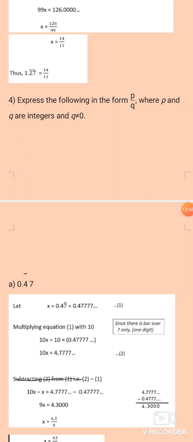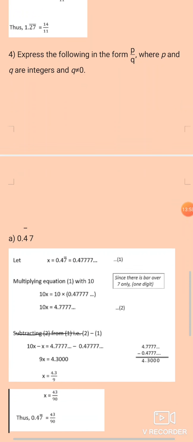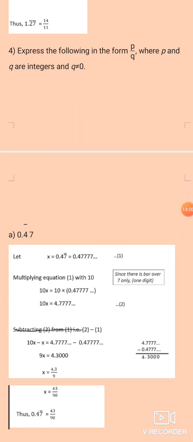So 10 into x becomes what? 10 into 0.477 etc. is 10x is equal to 4.77 etc. Put equation number 2. Now 2 minus 1, that is 10x minus 1x is equal to 4.777 etc. minus 0.477 etc. That becomes 9x is equal to 4.3.